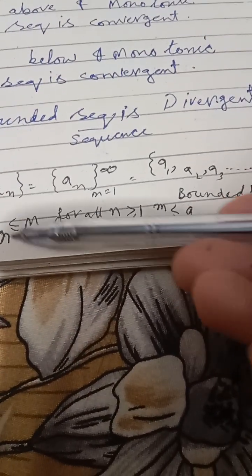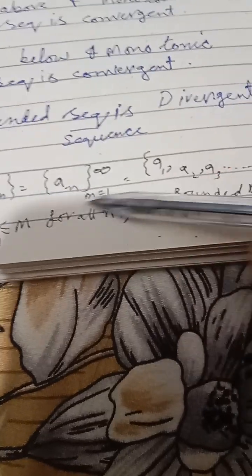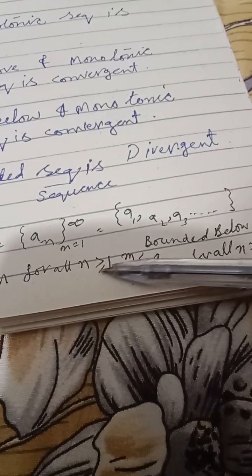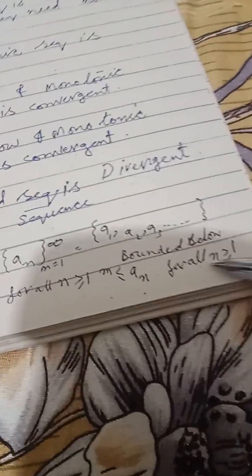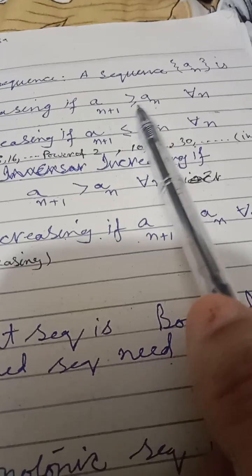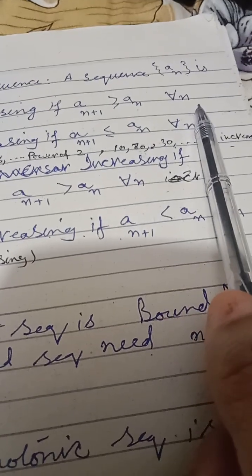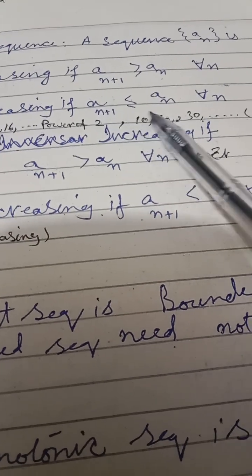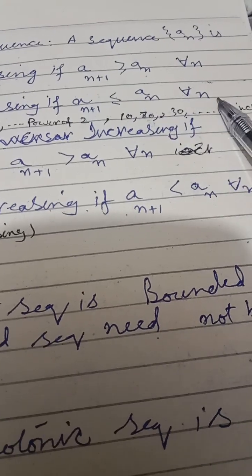If an is less than or equal to m for all n, this condition is called bounded; and m is less than or equal to an for all n greater than or equal to 1. It is non-decreasing if an+1 is greater than or equal to an for all n, and non-increasing if an+1 is less than or equal to an for all n.